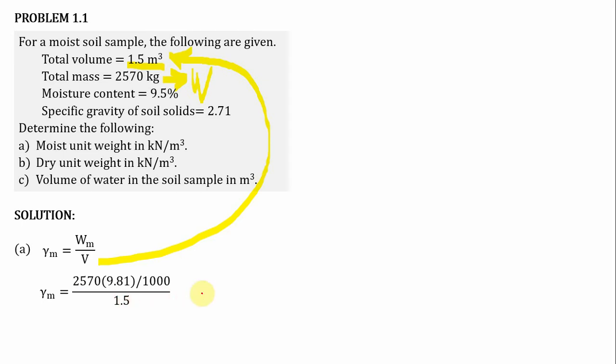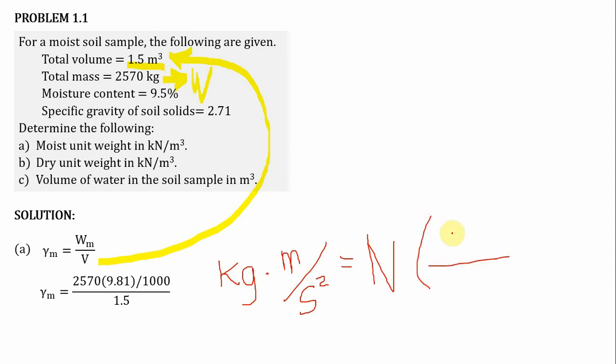So, explain ko lang yung unit niya. Kilogram times the gravity, which is the unit of the gravity is meter per second squared. This is represented in Newton. And then, para makilonewton siya, i-times lang natin ng 1 kilonewton divided by 1,000 Newton.